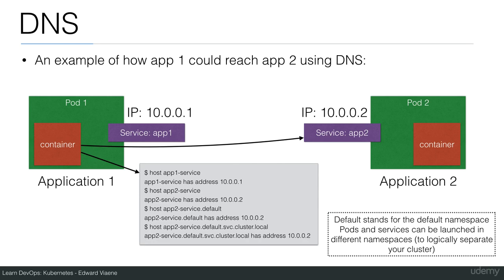This is how one application in one pod can access another application in another pod. These requests are always of the A type, which resolves from a host to an IP address. There's also an SRV type if you want to know the port number. So here we just have the IP address, but it's also possible to get the port number.